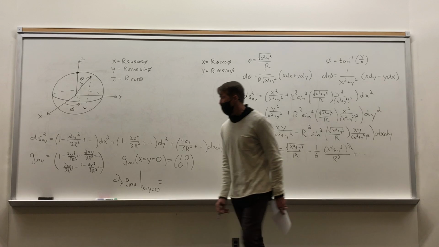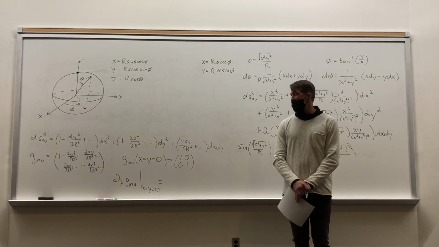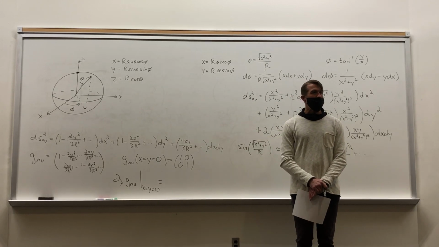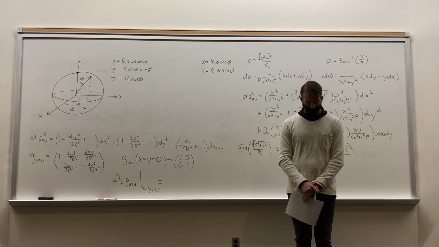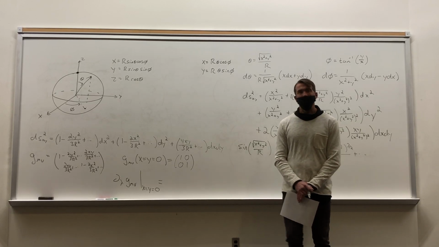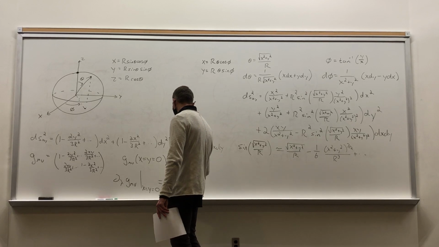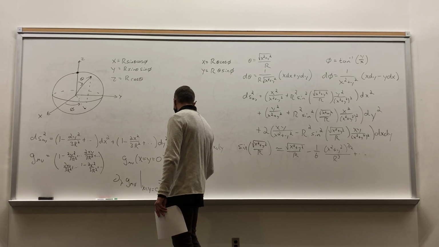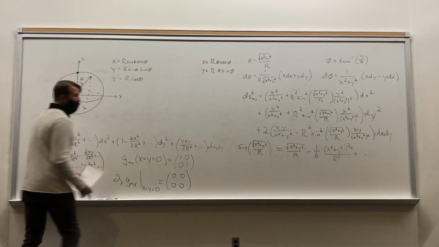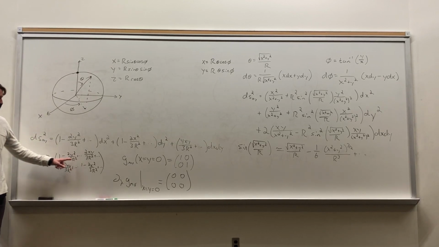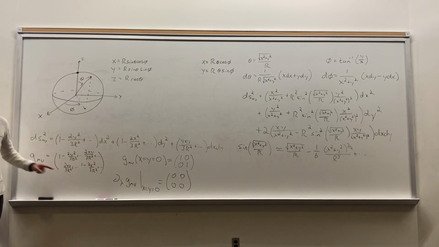What is the derivative of that metric at the points x equals y equals 0? Is it 0? It's 0. I mean, look at it. The derivative of 1 is obviously 0. These are all quadratic.